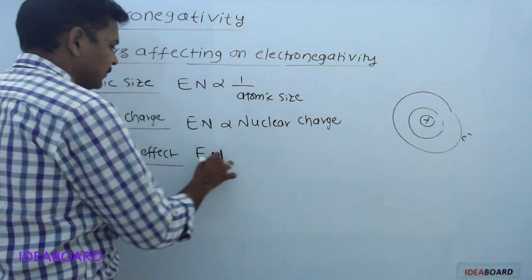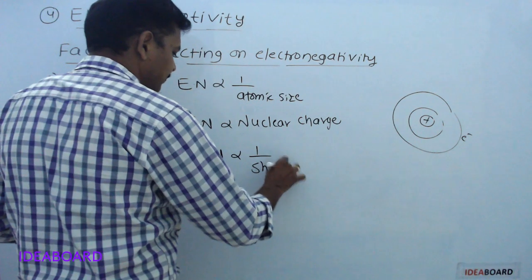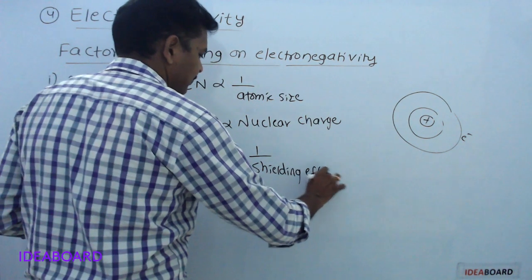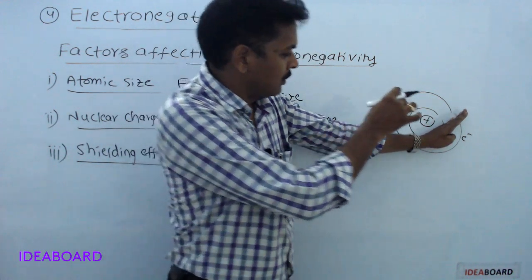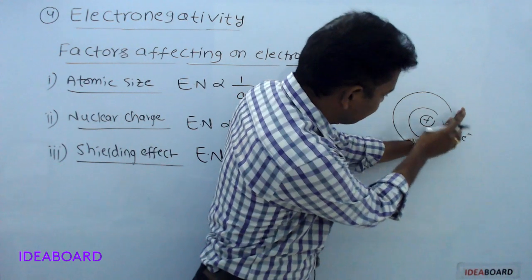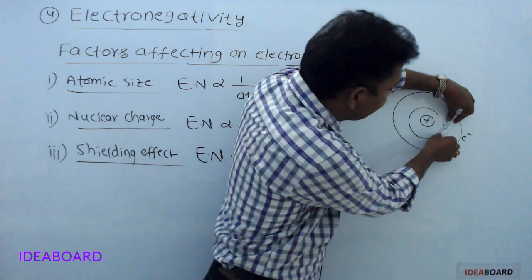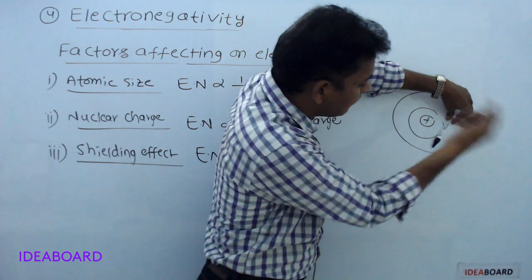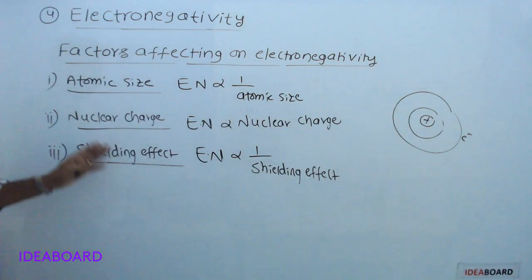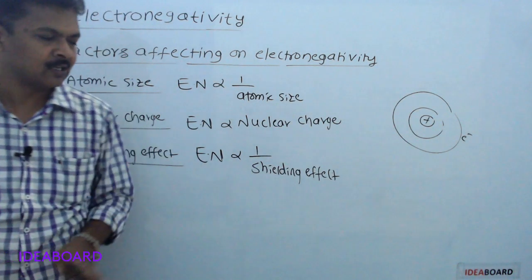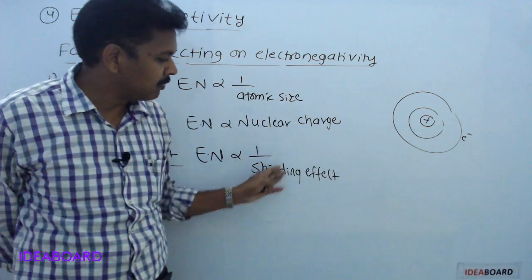If the shielding effect is less, the tendency to attract electrons will be more. So electronegativity is inversely proportional to shielding effect. Shielding effect more means electronegativity will be less; shielding effect less means electronegativity will be more.